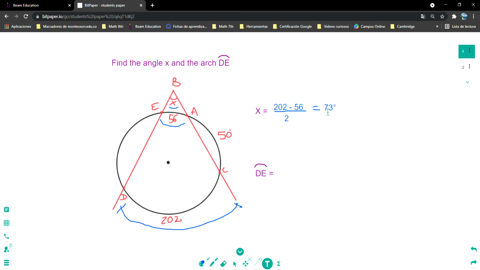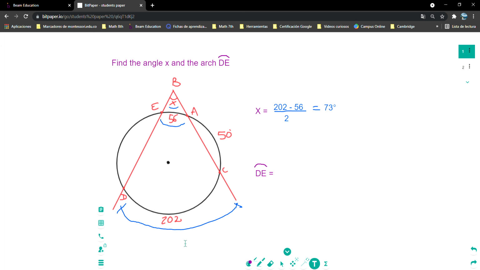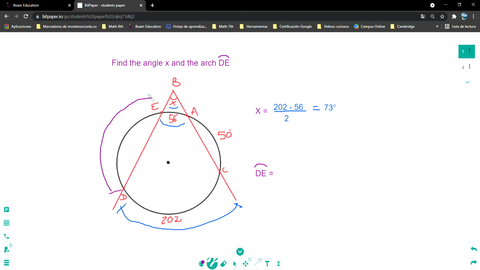All right, so we already found the value of X, the exterior angle. Now we can also find the arc DE, formed by this part. To find it, we can use the arcs addition property. Remember that if we add all of the arcs in the circle, that will be 360.